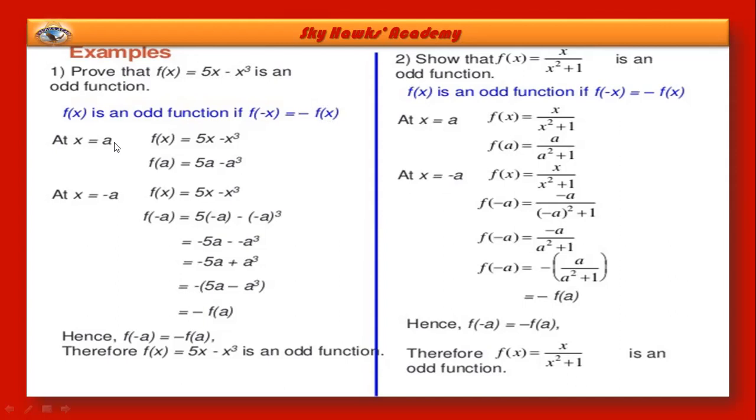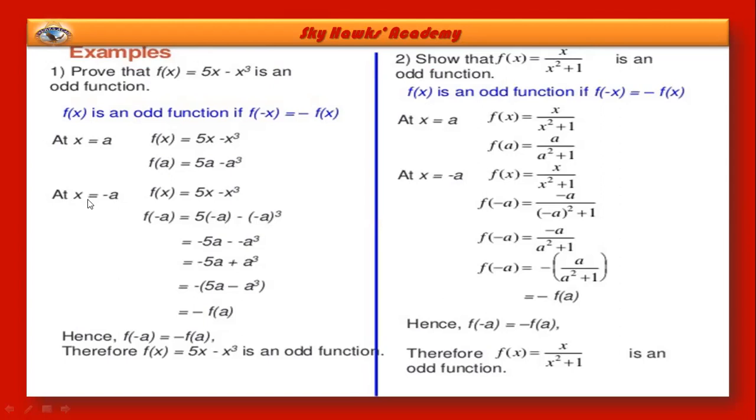With the given example, f of x is equal to 5x minus x cubed. If you are replacing x with a positive a, we will get 5a instead of 5x. So x is being replaced with a, the negative sign as it is, and this is x cubed. So we will replace x with a because x is equal to a. So we'll get a cubed. Are you getting me? Okay.